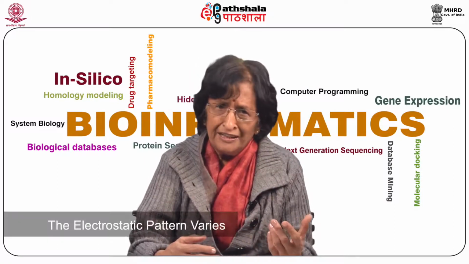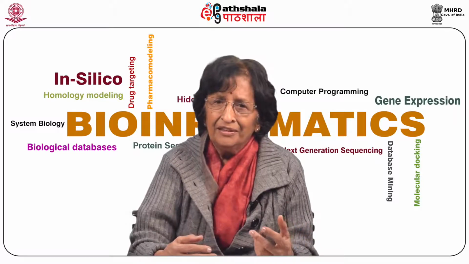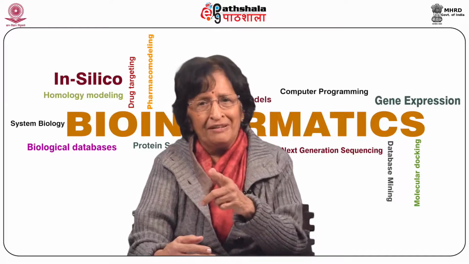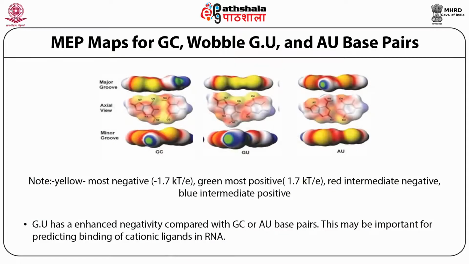The electrostatic pattern varies due to change in the backbone conformation and the base geometry. We show in this figure MEP, the molecular electrostatic potential map, for GC base pair, a Wobble GU base pair, and an AU base pair.